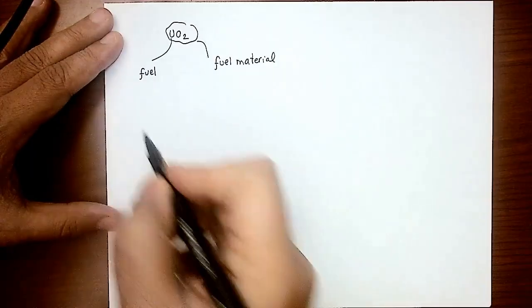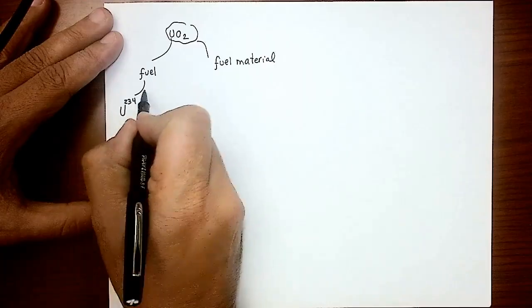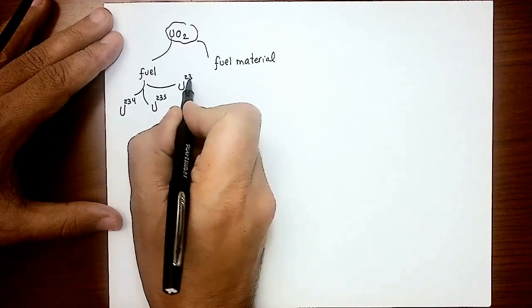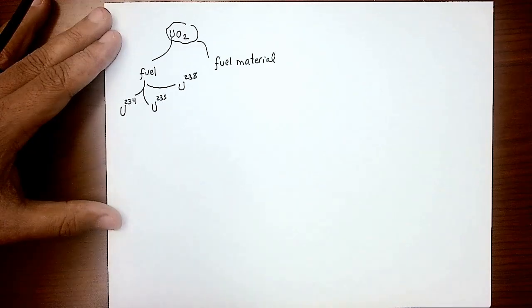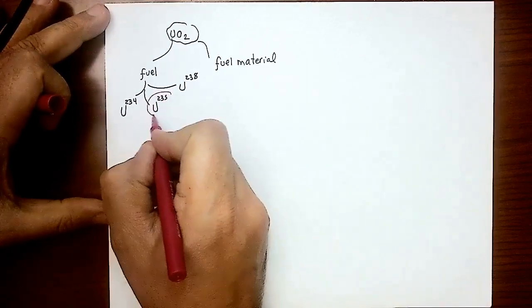But we know that inside that fuel, we will have uranium-234, maybe uranium-235, maybe uranium-238. A combination of different isotopes of uranium. Which one is very important for us to generate heat? Everyone knows that uranium-235 is the one that we're looking for.